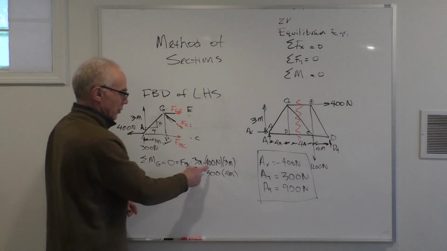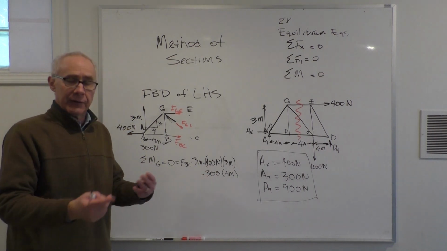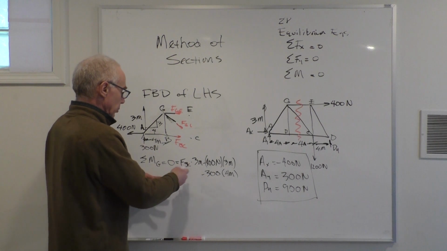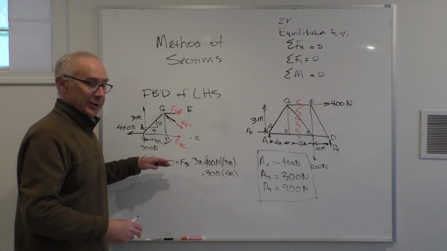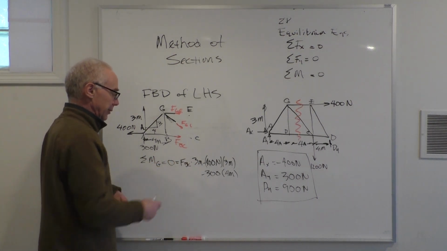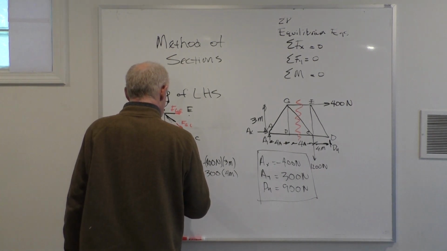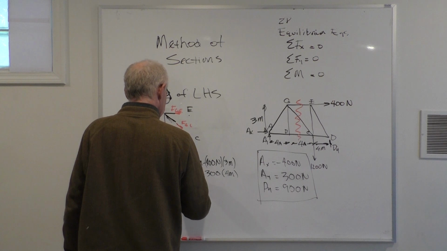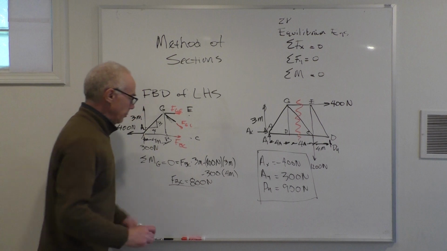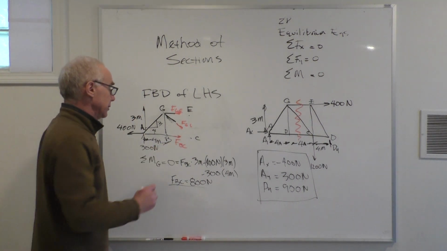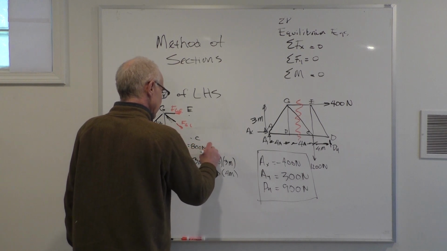If we solve this, it's negative 1200 minus 1200, it's negative 2400. And I'm running out of room, so I'm just going to do it in my head. We put it on the other side, we end up with 2400 newton meters equals FBC times 3. And then we divide that by 3, and we end up with FBC equal to 800 newtons. Okay, so it's a positive value, so we know, we drew it as a positive value, so we know that it's in tension. So I can put here equals 800 newtons in tension.